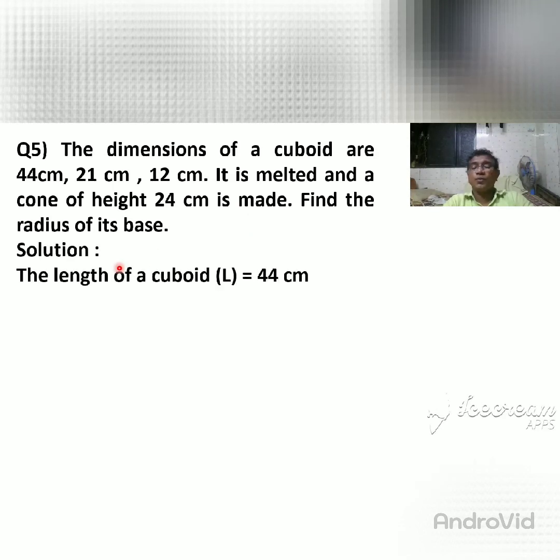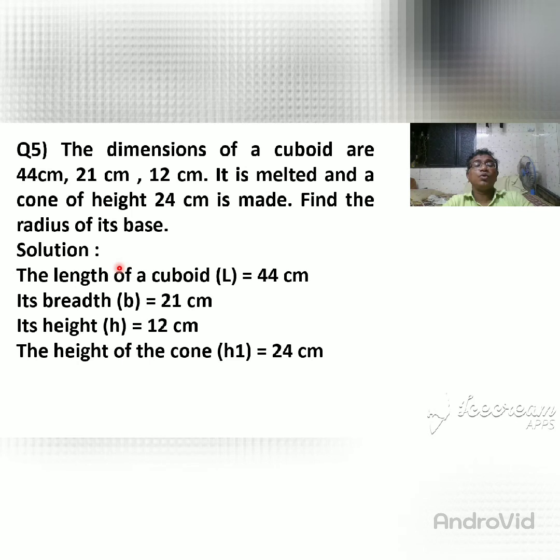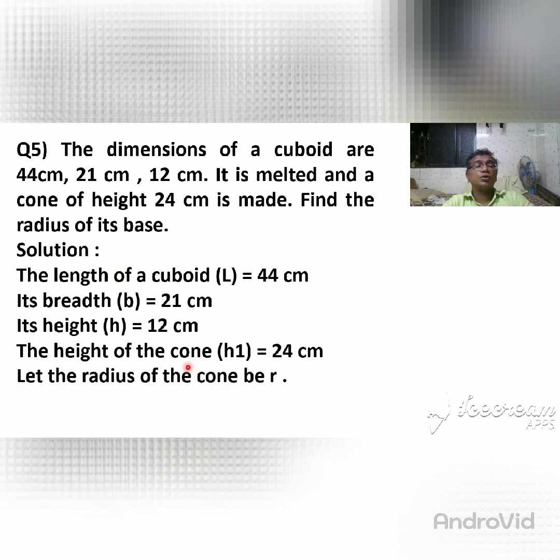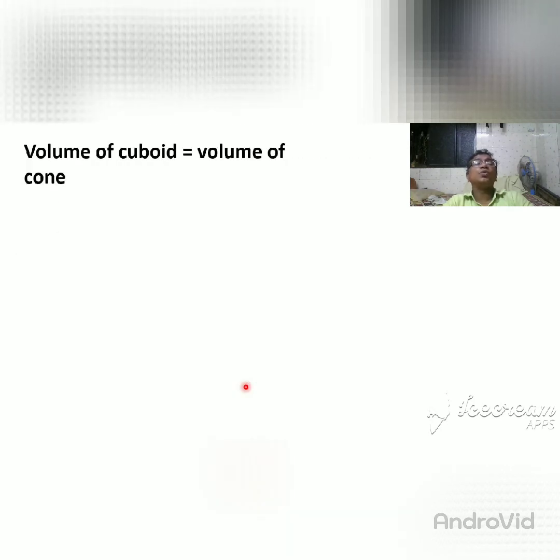So length of cuboid 44 centimeter, breadth 21 centimeter, height 12 centimeter. The height of the cone is 24 centimeter. So let the radius of the cone be r. The cuboid is melted into a cone, so volume of cuboid is equal to volume of cone, because the volume is the same whether it is cuboid or cone. Why is it the same?